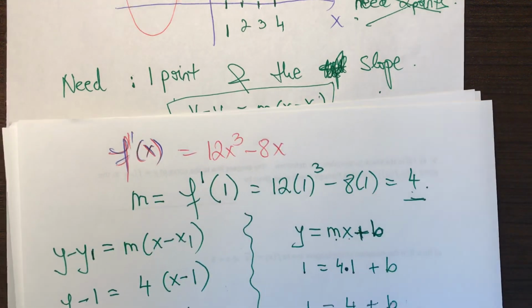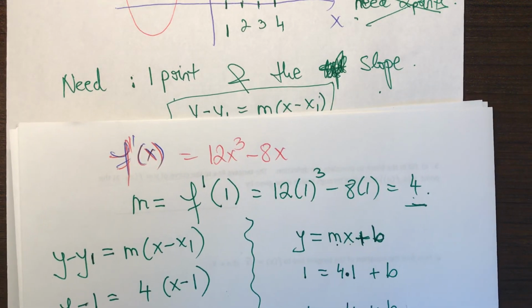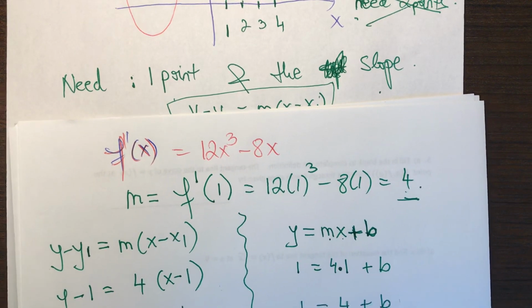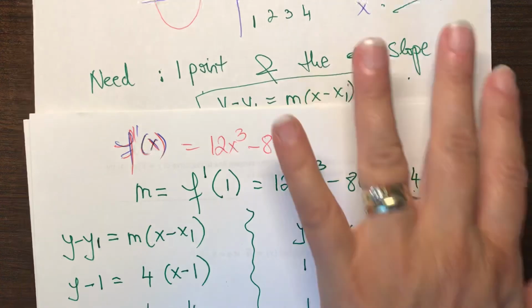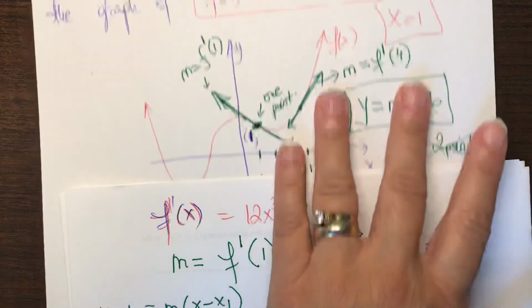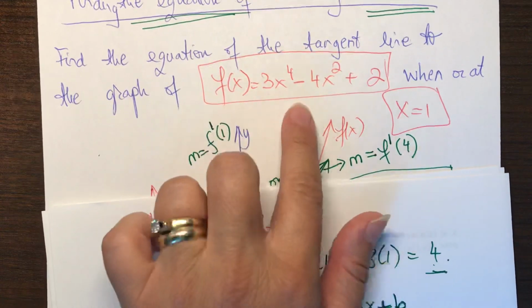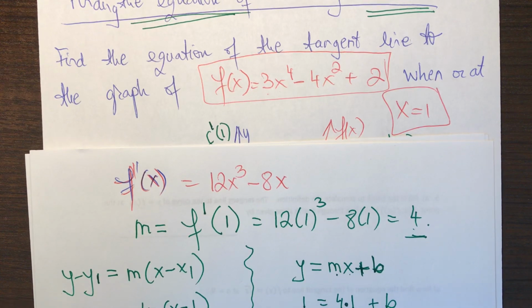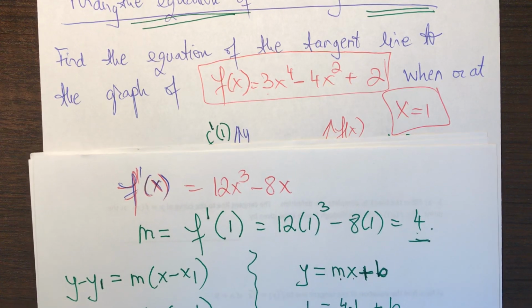So you find the derivative, plug in that x value, and that's going to get you the slope of that tangent line. This is going to come up several more times in other sections with different functions. We already know how to take the derivative of this function, so here it is. Okay, now go do your homework and you'll know how to do it.